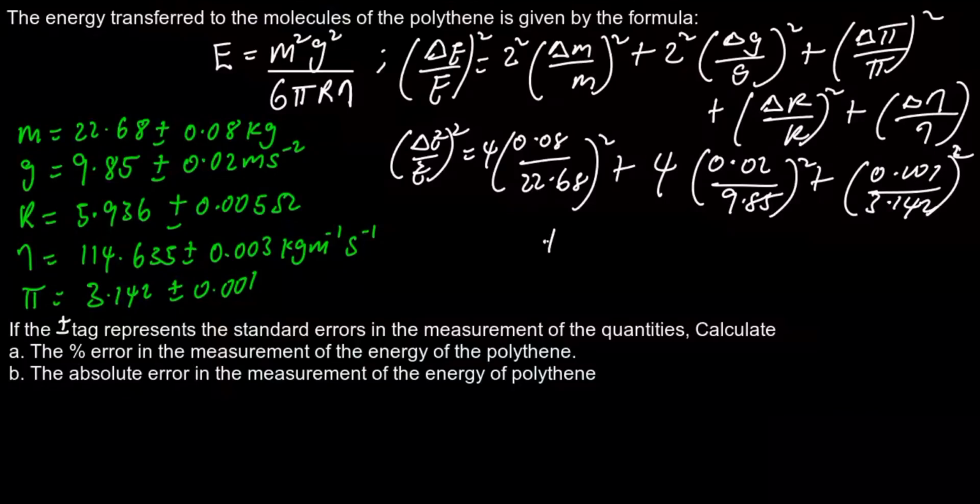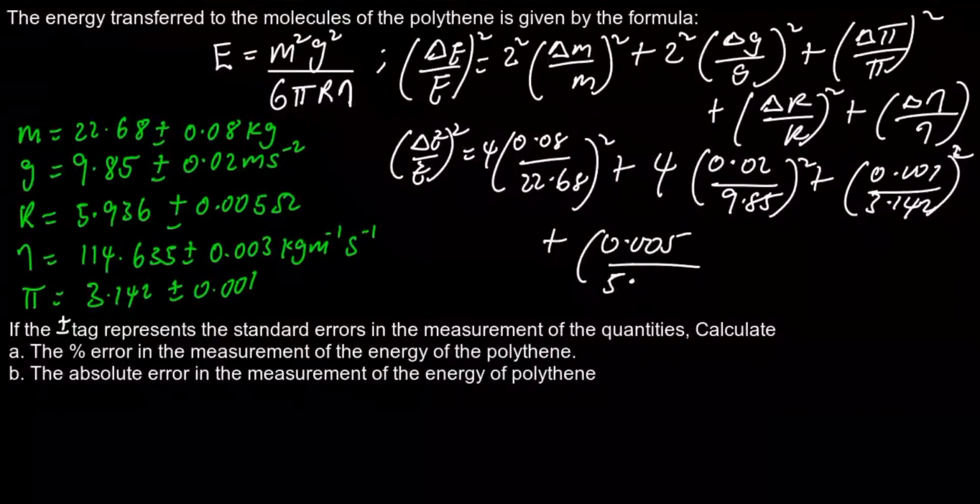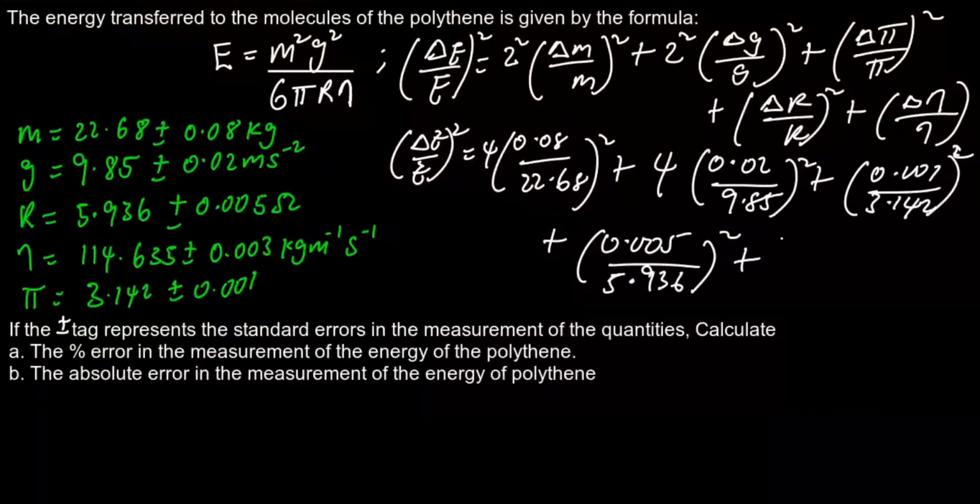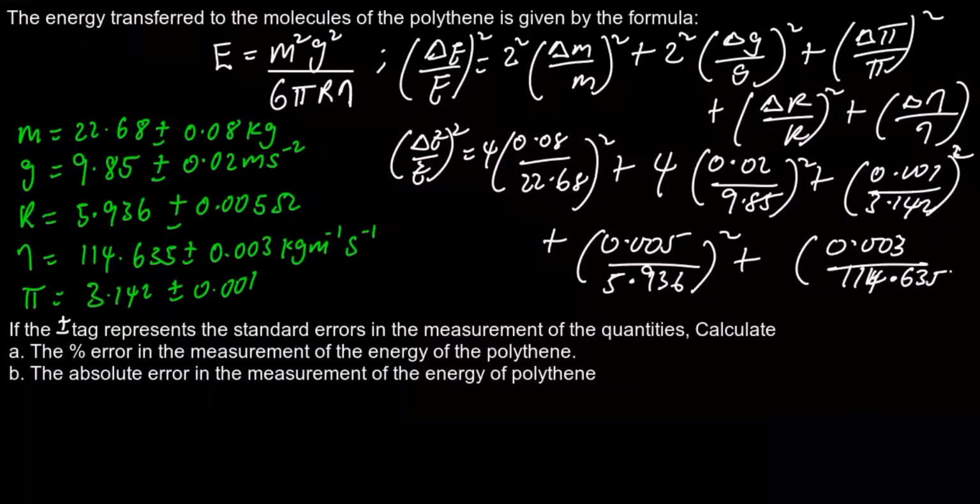Also, you have 0.005 over 5.936 also square. And what do you have? So you have your N, your eta is 0.003 all over 114.635. So this is what you have square.